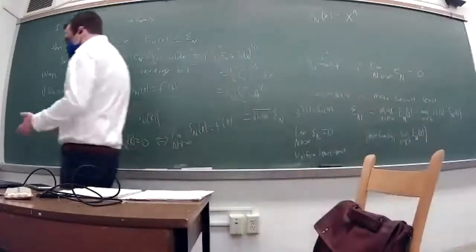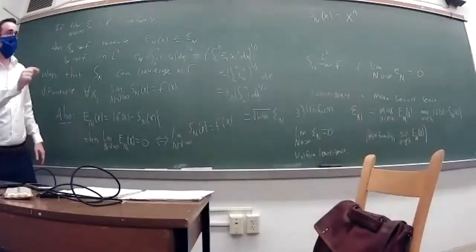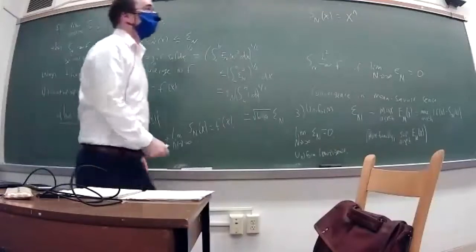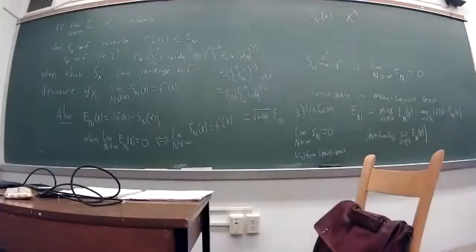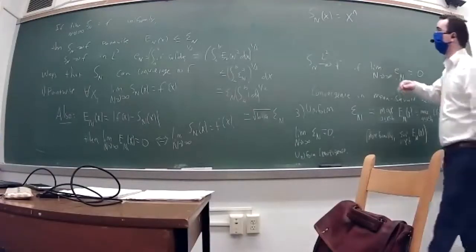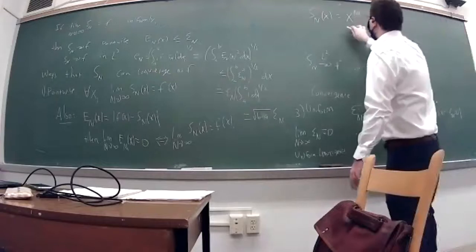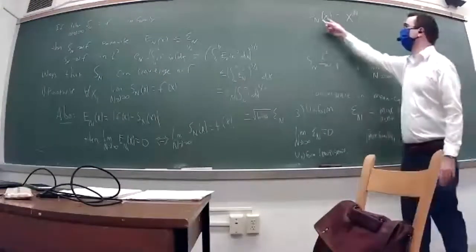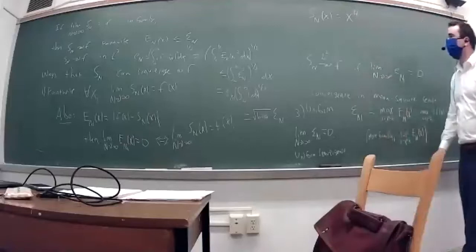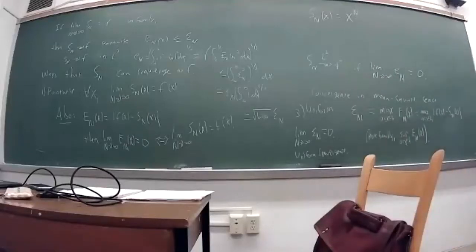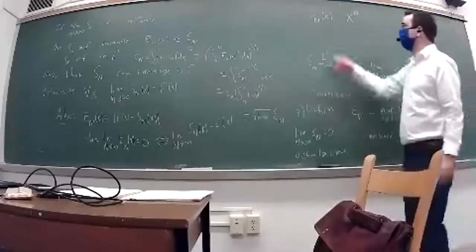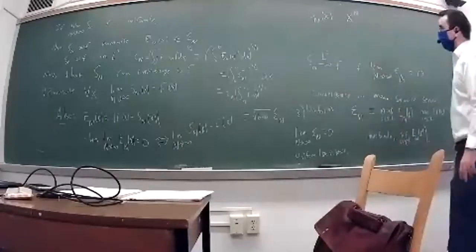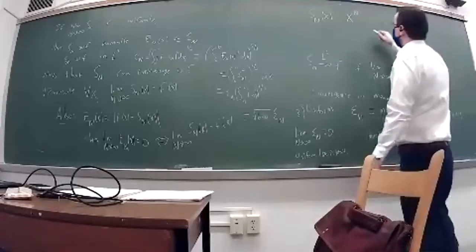Yes, you'd have to think about how you would arrange your f1, f2, f3 to make them add up to this, but what is S_n of x? It's a function in L2 from a to b that depends on x and is indexed by n. So I'm giving you an example to illustrate how the convergence works and trying to keep it as simple as possible.